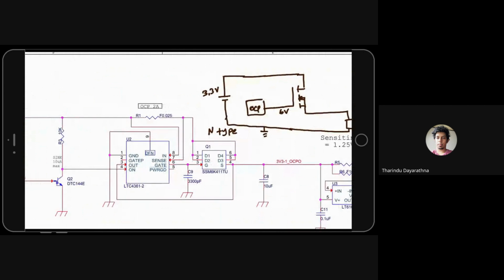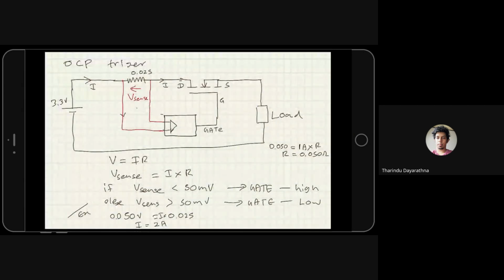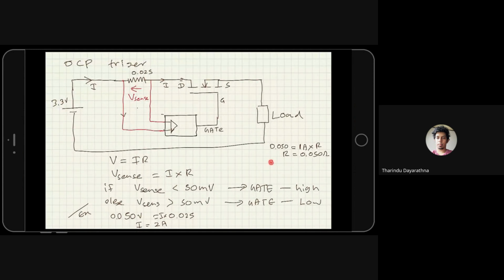So let's see the 4 ampere case, same equation: 0.05 divided by 4 ampere is R. So you will get an R value of 0.0125 ohm.